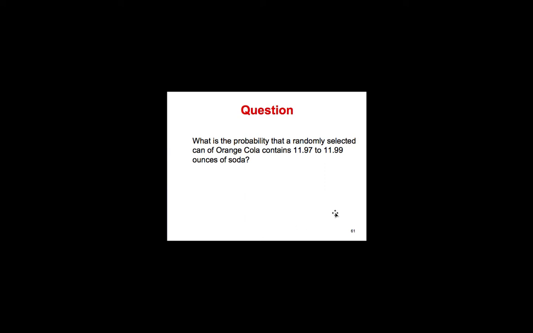What is the probability that a randomly selected can of orange cola will contain between 11.97 and 11.99 ounces of soda? So before we get to the next slide, I'm assuming that you know we need to calculate z-scores, 2 of them, corresponding to each of these boundary values.